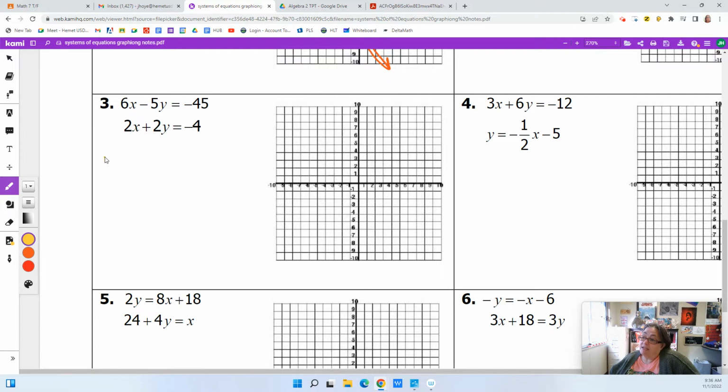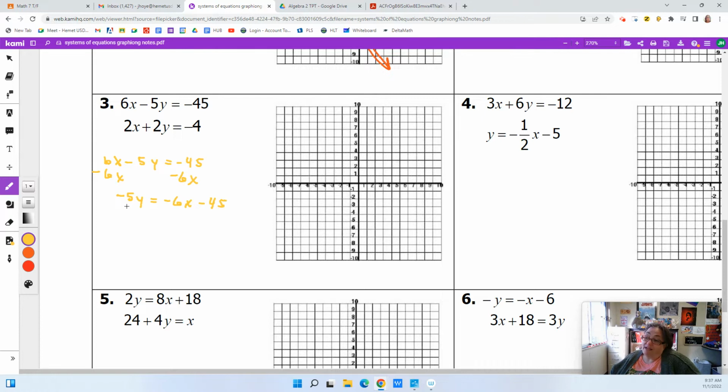I need to put that in slope-intercept form. I need to solve it for y. I'm going to start by subtracting 6x from both sides. And I get -5y equals -6x minus 45.